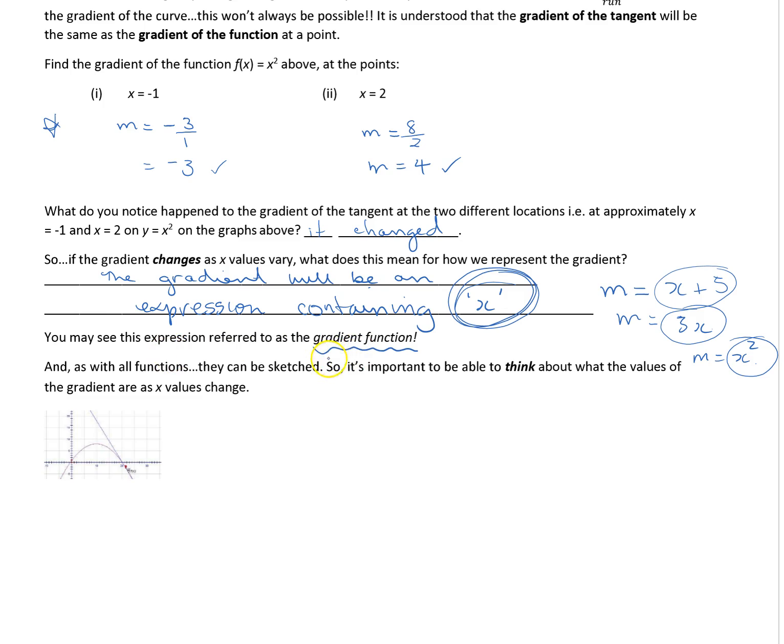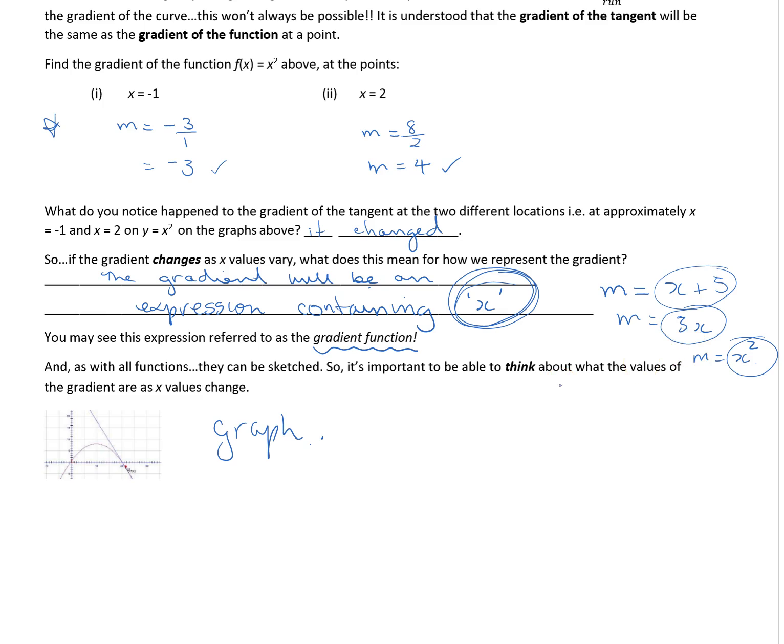What we're going to see is that we will develop gradient functions. And like with all functions, you then could be asked to graph them. So you will be graphing the function of the gradient.